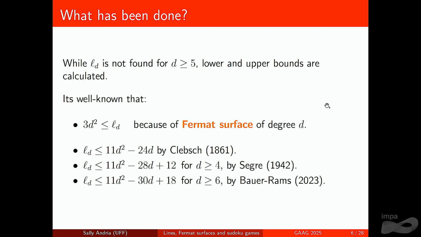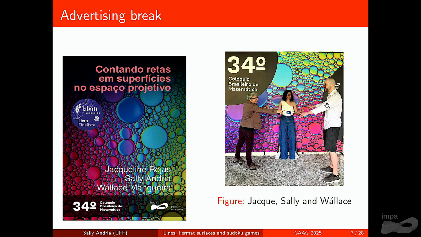If you are excited about this problem and want to work on it, it's a simple problem, we can explain it to a child, but it's difficult to solve. And if you want a Portuguese reference, I highly recommend our book.